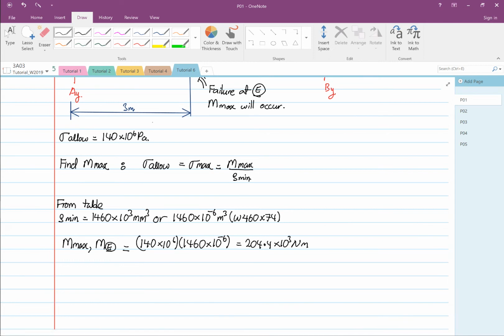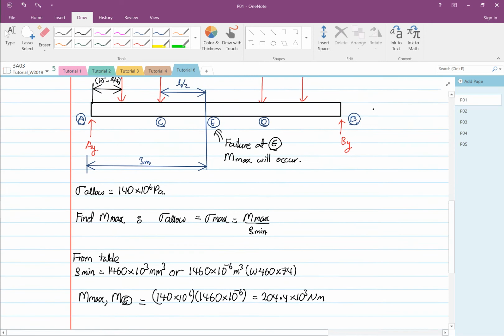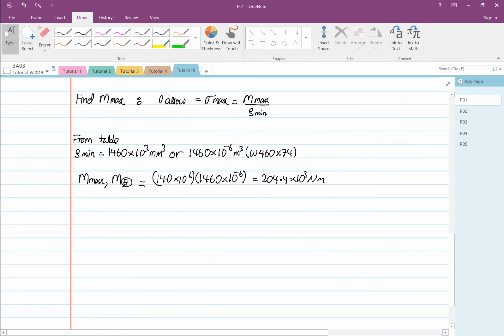Then from here, we're going to do static analysis. We are going to do summation of forces in the y direction equal to 0 for the lower beam.